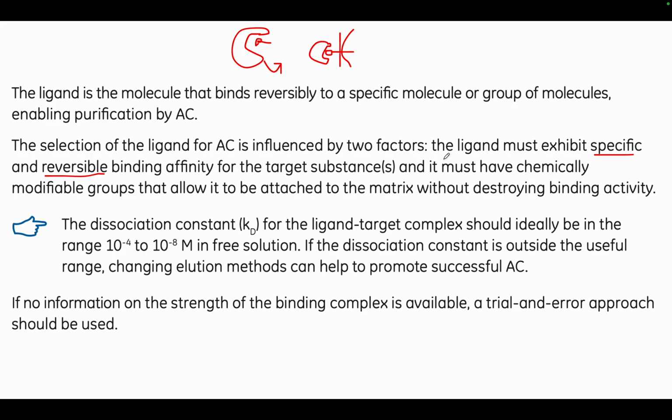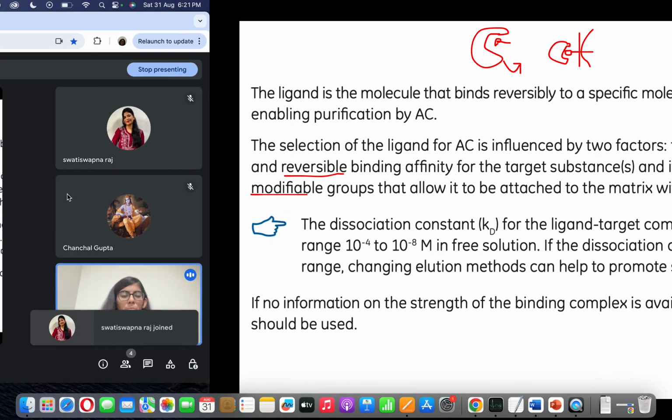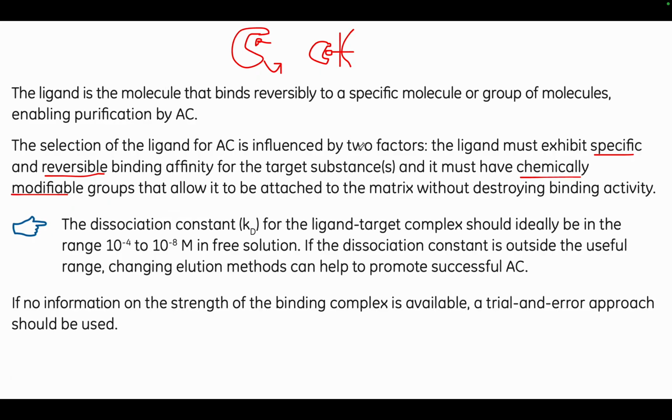Also, since we are going to use the ligand as part of our column, it should have chemically modifiable groups so that it can be attached to the matrix. And this modifiable group should not be near the binding site or anything, because if I have a molecule like this, okay, and my target is binding like this, and now I cannot bind it to the matrix like this, right?